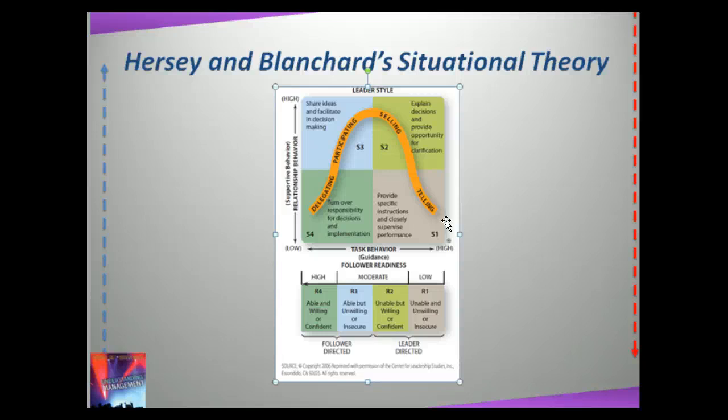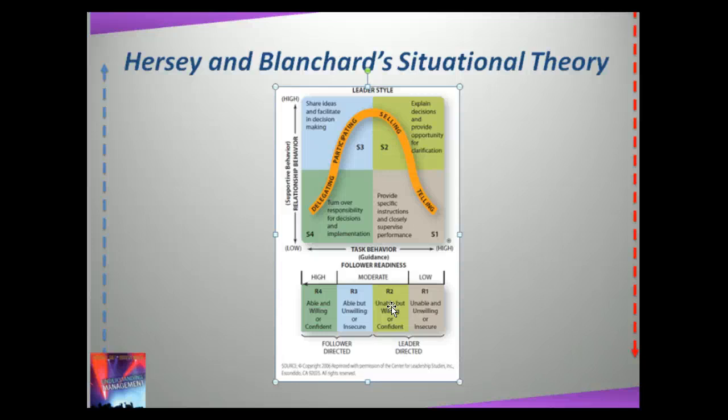Whereas our selling and participating styles really work right here, and as you can see here, they really work for our followers at moderate readiness levels. For example, followers might lack some education and experience for the job, but really have a high confidence and interest and willingness to learn.